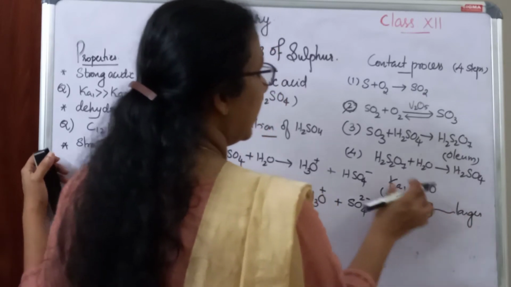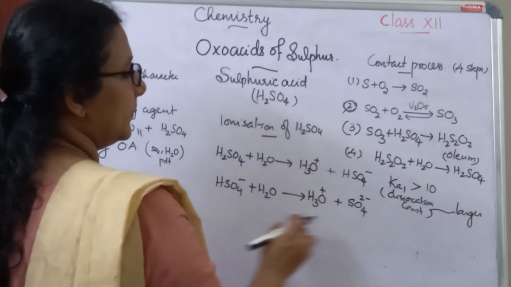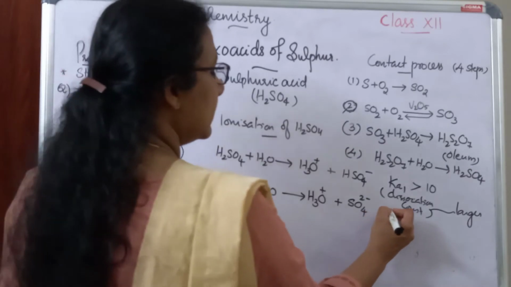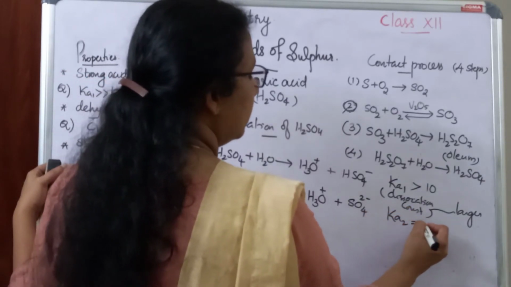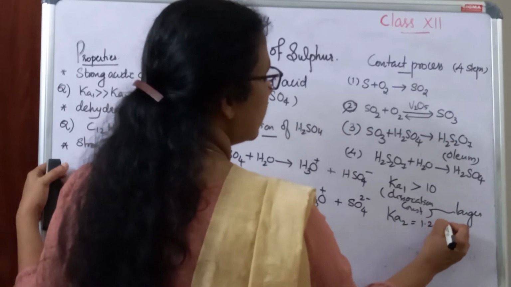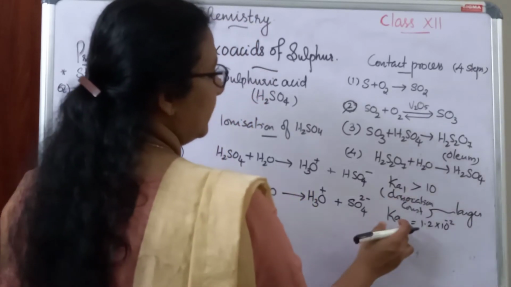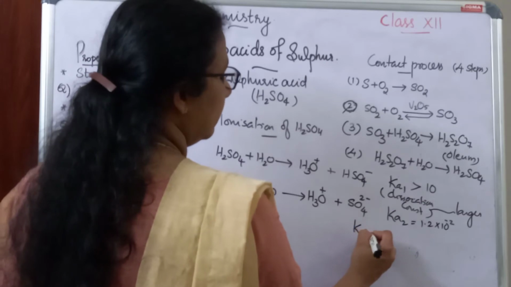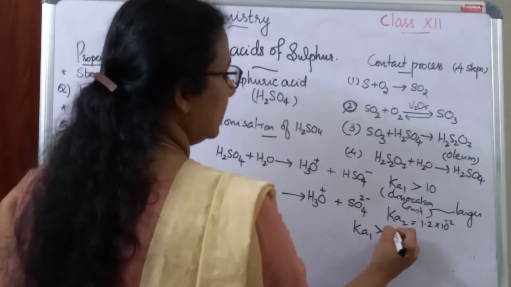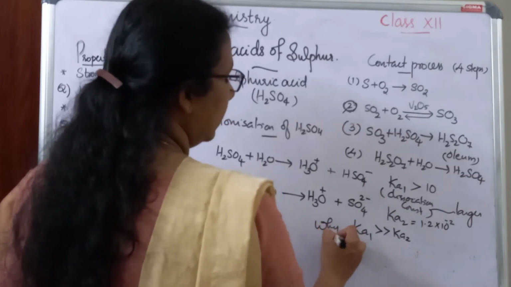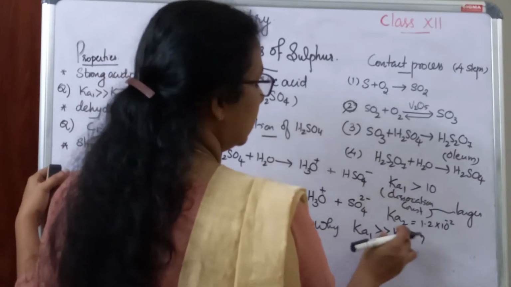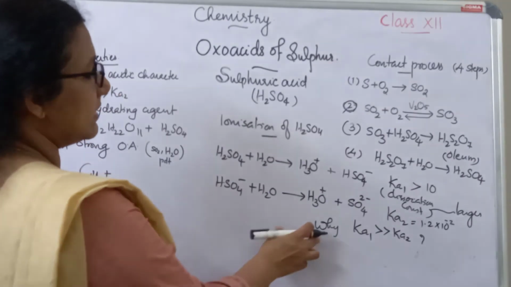In the second step, Ka2 may be 1.2 into 10 raised to minus 2, which is smaller. So Ka1 is very much greater than Ka2. Why is Ka1 very much greater than Ka2? That is another question.